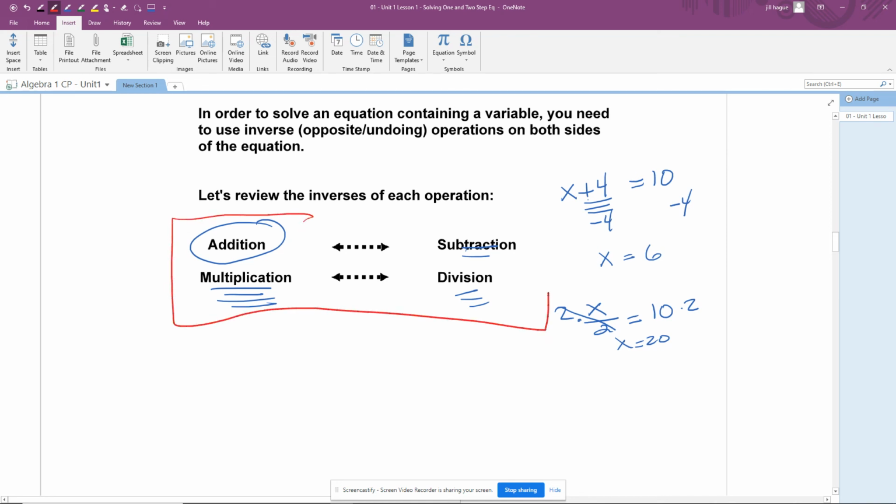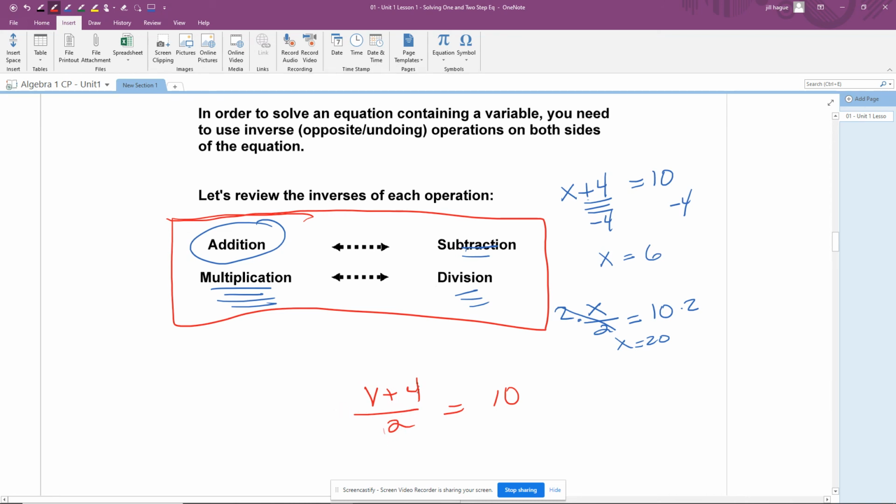Ask yourself, what is causing me the frustration, or what do I have and how do I get rid of it? So if you have a division situation, how would I get rid of it? By multiplying both sides by whatever it is. So if you're looking at v plus 4 over 2 is equal to 10, and you're like, this dividing by is really confusing me, well, let's just get rid of it.